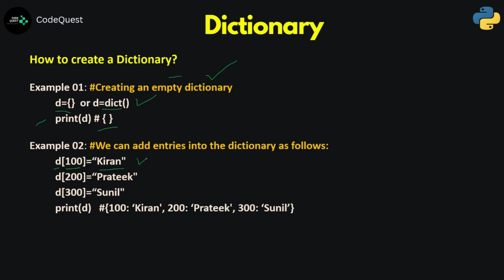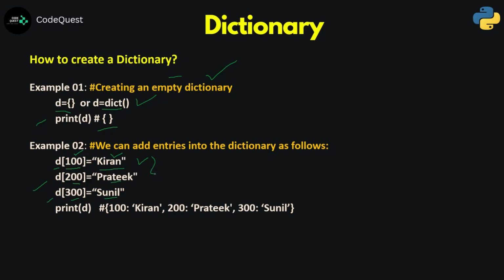So this line is going to add one item into the dictionary where the key is 100 and the value of the corresponding key is Kiran. Very likely the second one is going to add a pair of key and value, that is 200 and Pratik. Similarly, the last one is going to add a key 300 for which the value is Sunil.